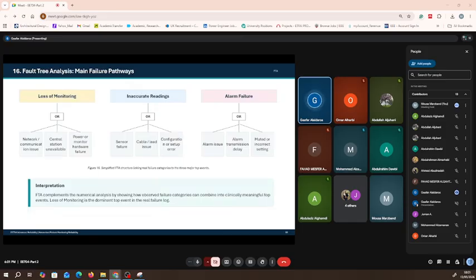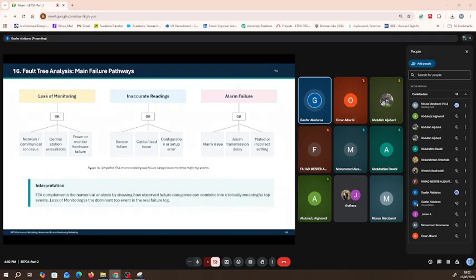This slide shows a simplified fault tree analysis. The FTA complements the numerical analysis by explaining how specific failure causes can lead to clinically meaningful top events.